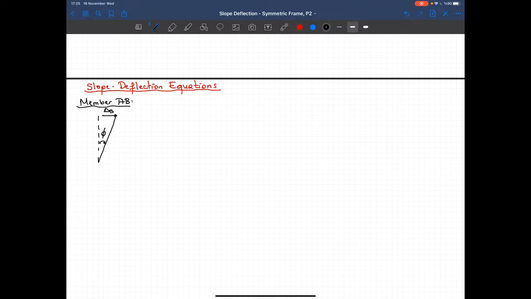That's the phi angle. Phi angle is clockwise, so phi will be equal to minus delta B divided by 3. Then MBA is equal to modified equations 3EI over 3. I got theta B, this time plus delta B over 3. And this will give me, these 3's will cancel, EI theta B plus EI over 3 delta B.